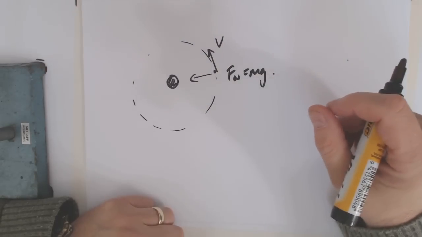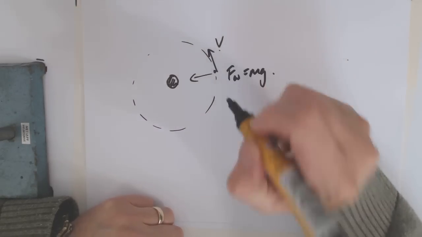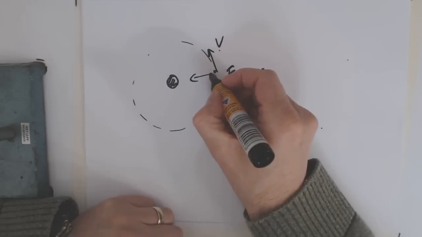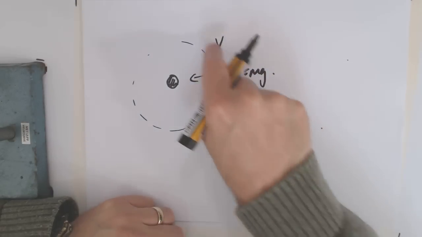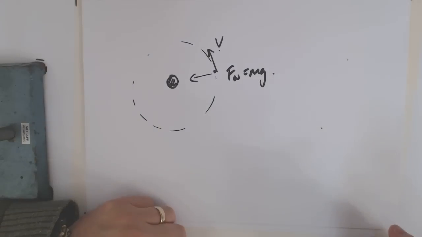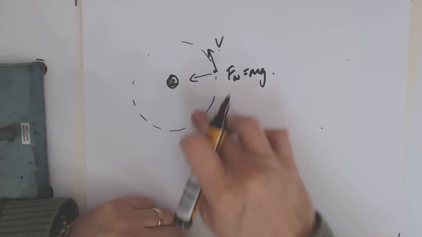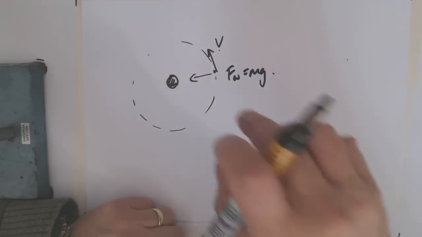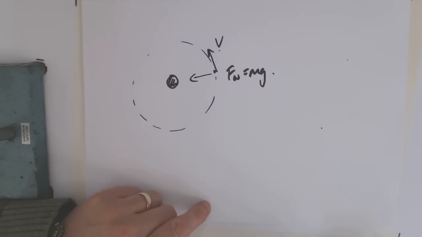And if you get the velocity here exactly right, where all the gravity force is used up to change its direction, then none of the gravity is going to pull the object towards the Earth. It's just going to be used to keep that object going in a circle. So that's really interesting. So that's gravity in that situation.